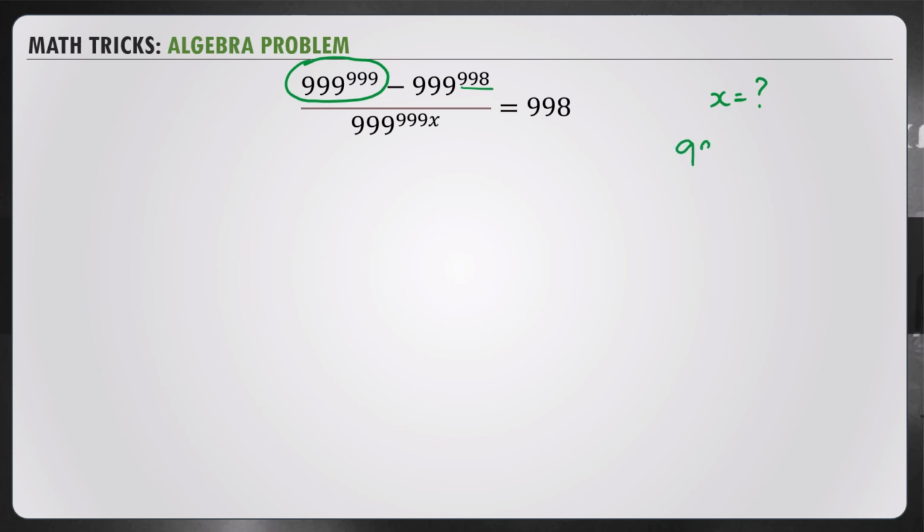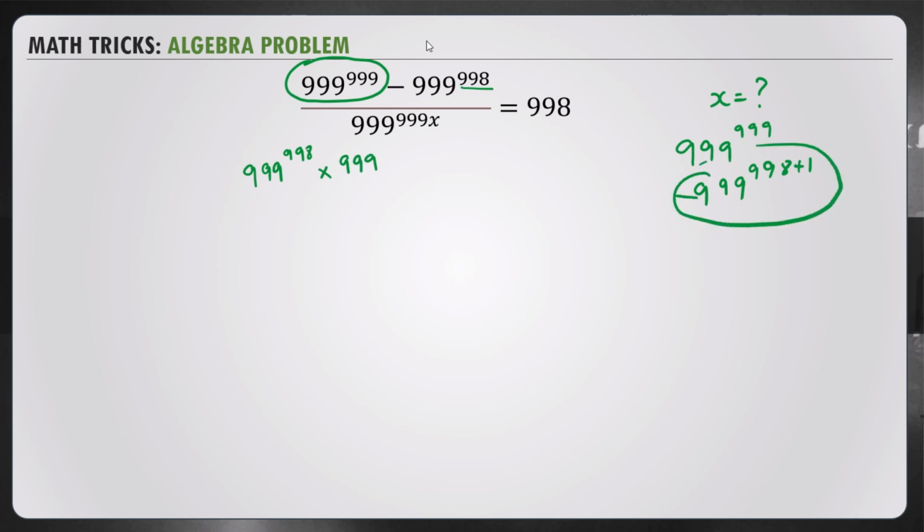So we have 999 to the power of 999 is actually equal to 998 plus 1. Okay, and that splits up into 999 to the power of 998 into 999 to the power of 1, right?